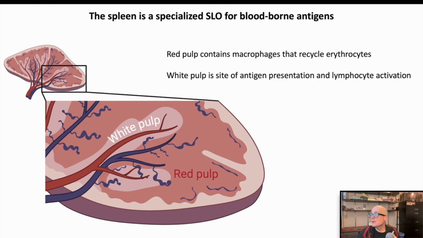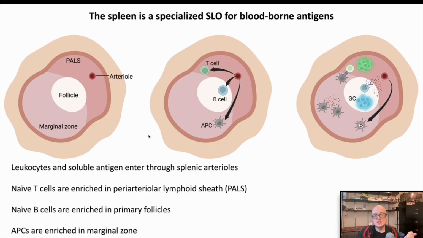So if we think about a cross-section of the white pulp, what are some of the sub-anatomical structures in the white pulp, and how are they analogous to the lymph node? Well, this cartoon is making things quite simple again, but this is really just to understand conceptually the different locations and what's happening within them. Remember that I said everything in the spleen is entering through an arteriole, branching off of the splenic artery.